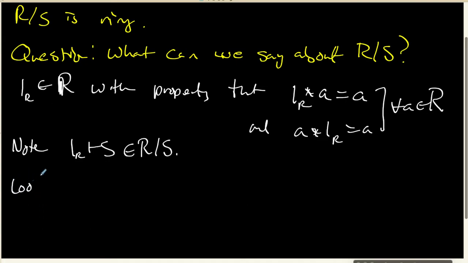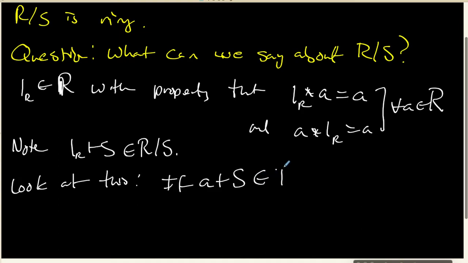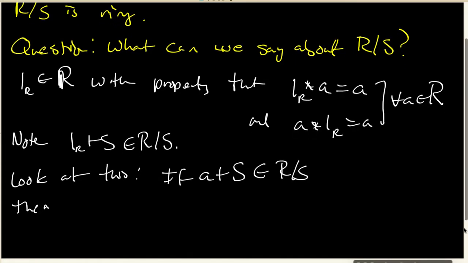Well, look at this. If I pick any coset A plus S inside R mod S, then we get these computations.